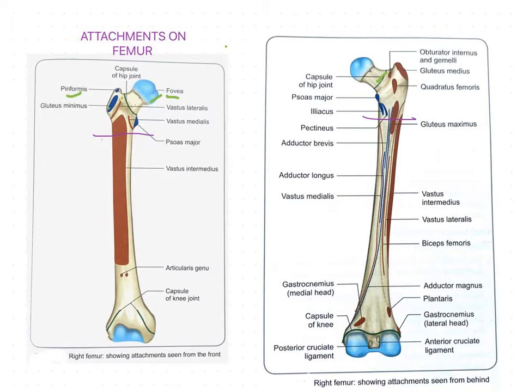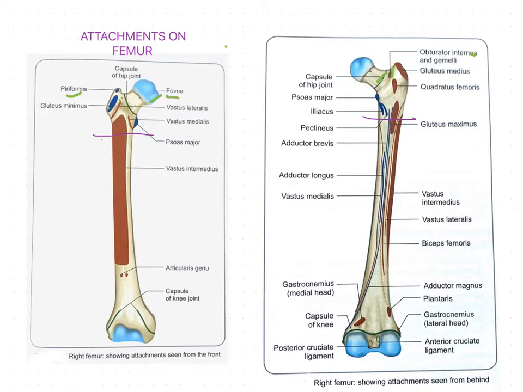If you see the posterior aspect, on the medial surface of the greater trochanter you will find three muscles inserted by a common tendon: the obturator internus and the superior and inferior gemelli.